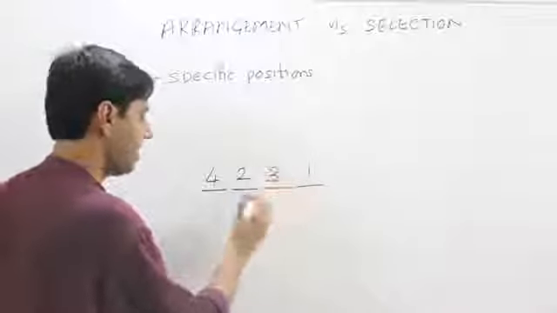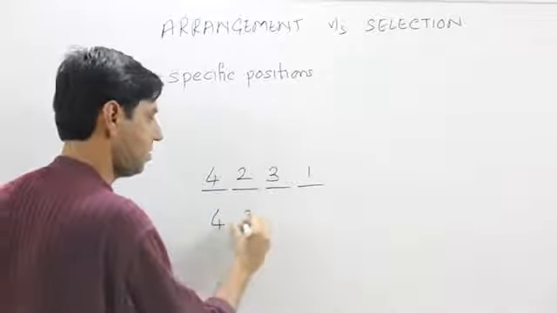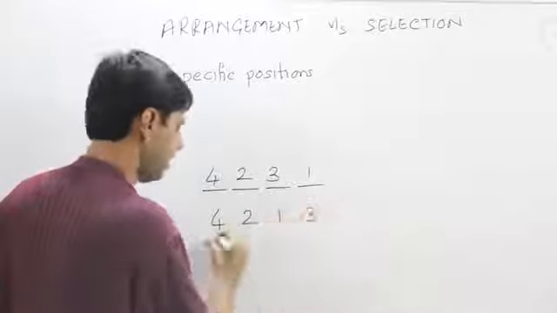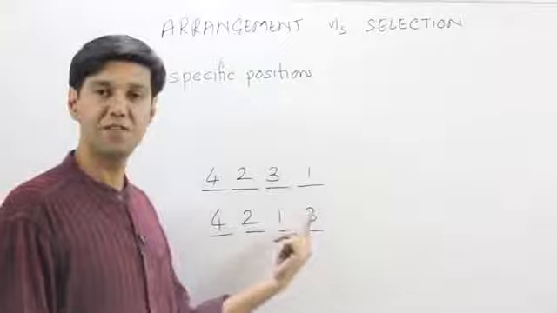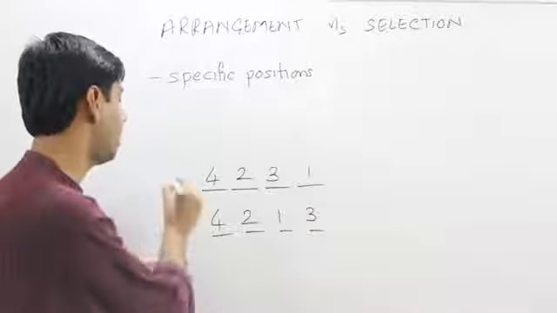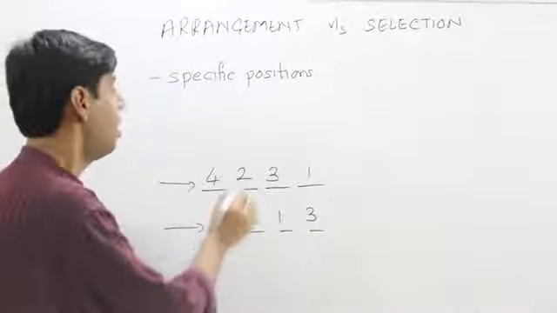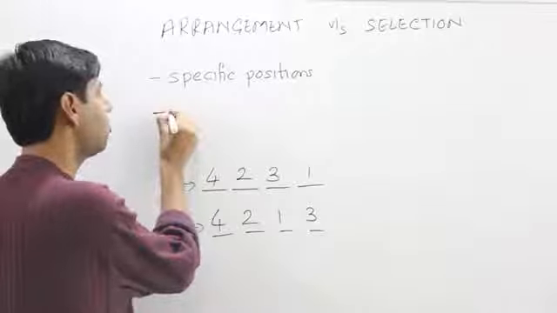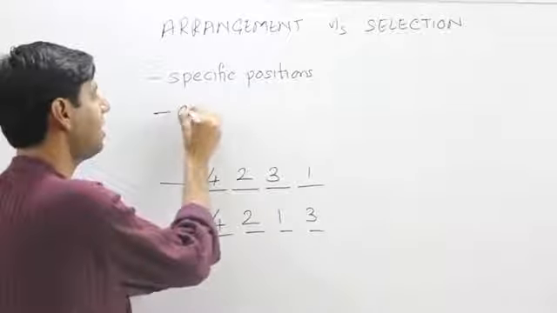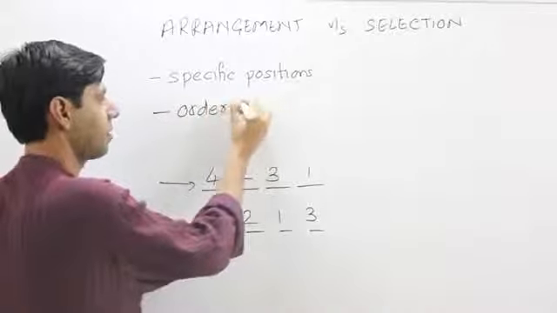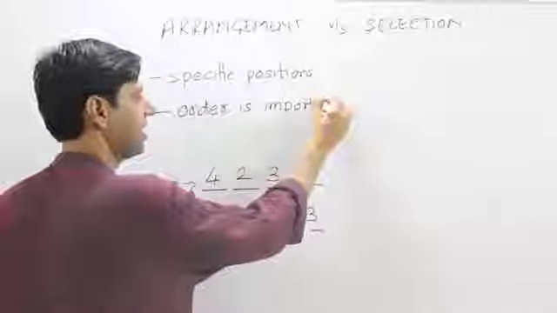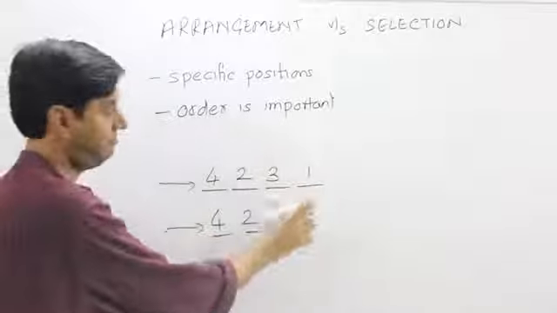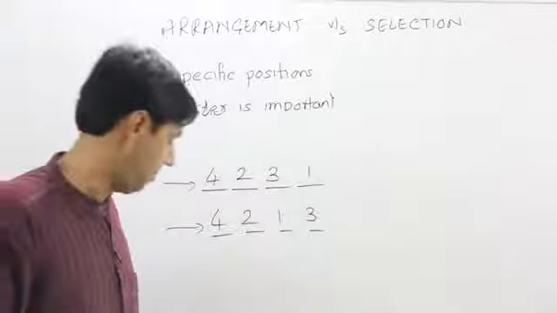If two of them interchange their positions, will I be getting the same number or a different number? Here you have a 31, here you have a 13. So this results in a different number. The same thing could be said as the order is important. For example, 3-1 is different from 1-3 as a number.